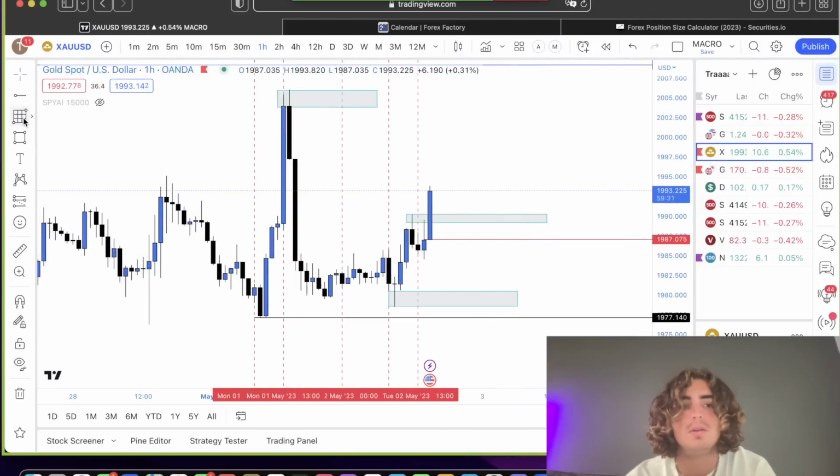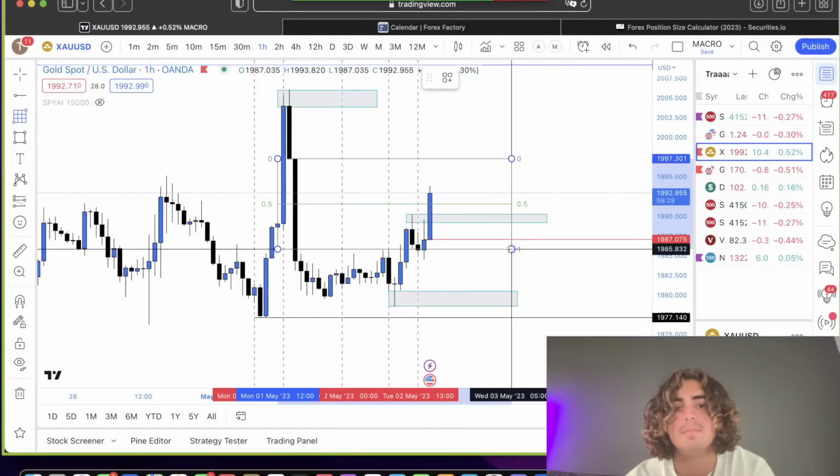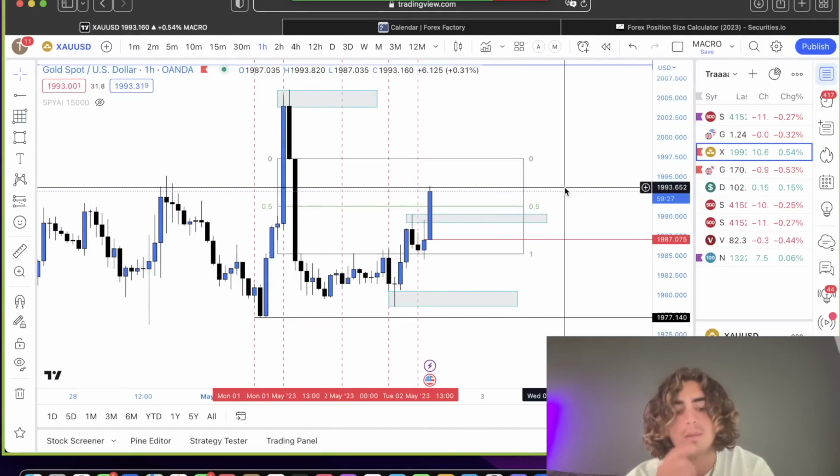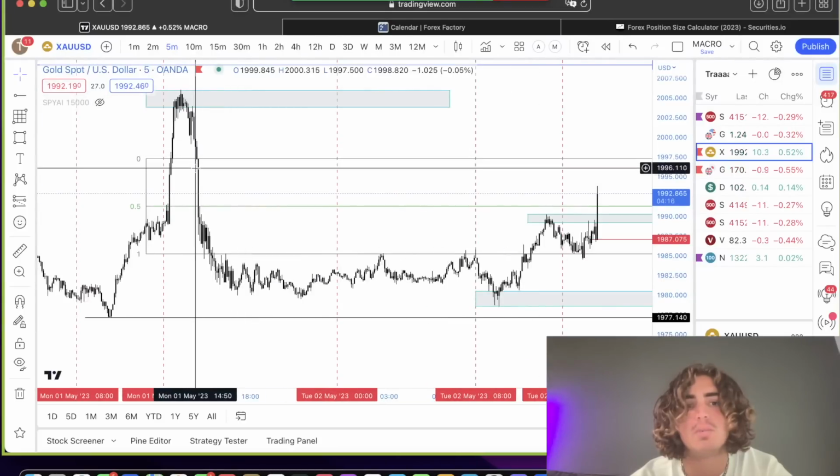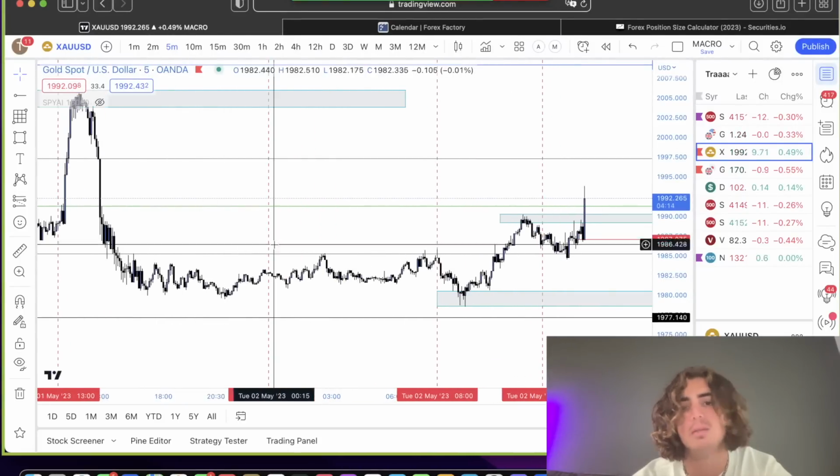We filled this now. And I actually think there was a gap on the chart, like within here, that might want to get filled.